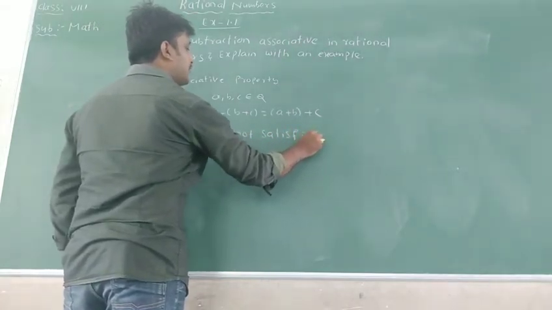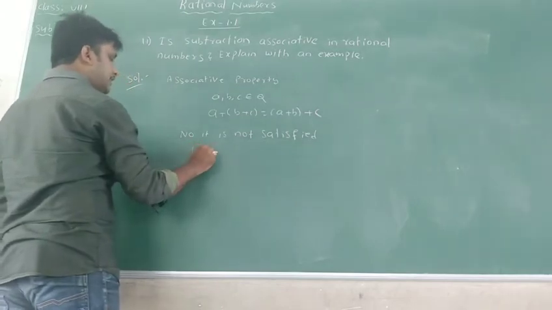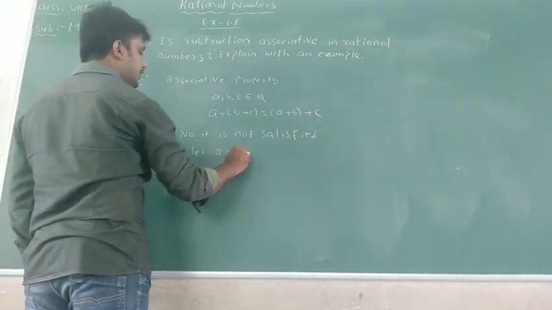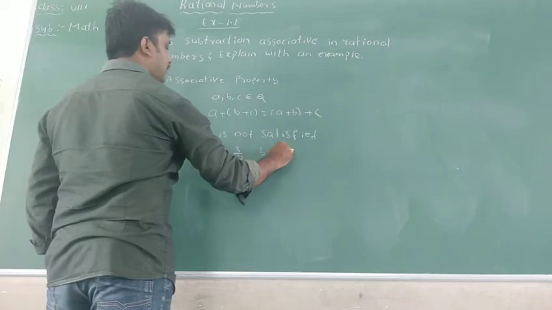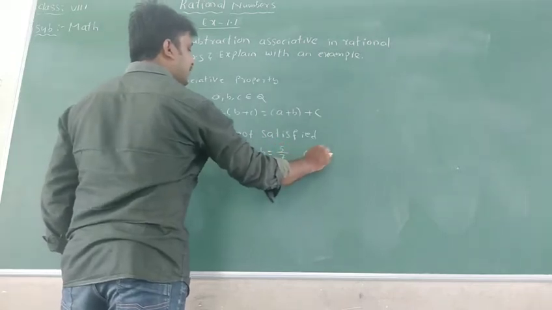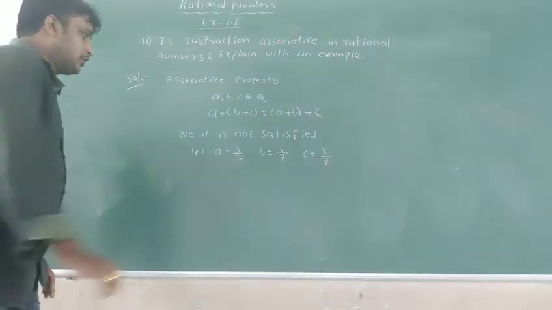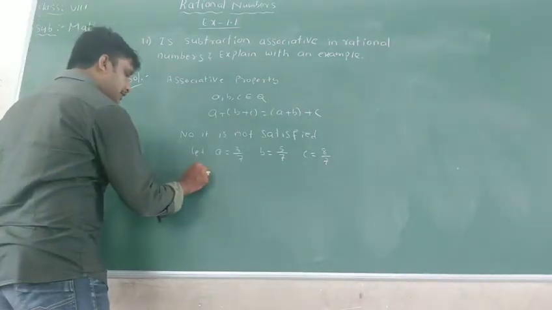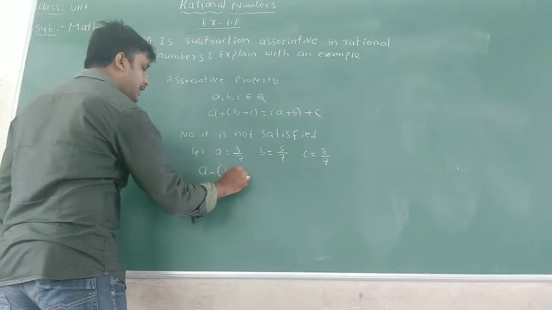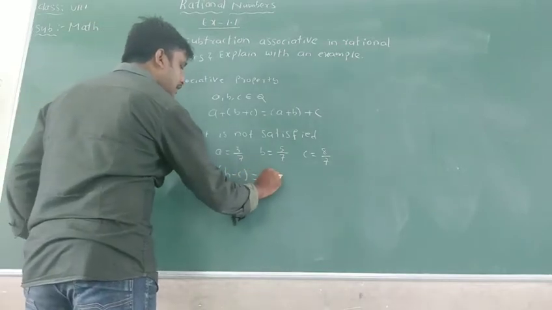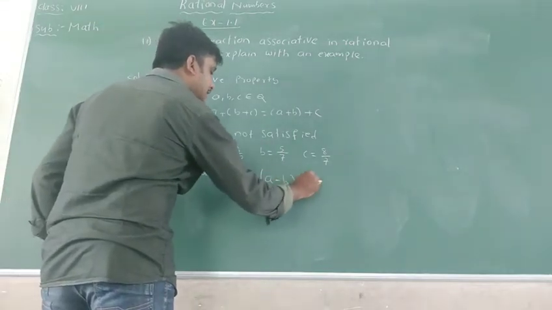I will explain with an example. I am taking three numbers. Let a equal 3/7, b equal 5/7, and c equal 8/7, the three rational numbers. According to subtraction, the property would be a minus (b minus c) equal to (a minus b) minus c.